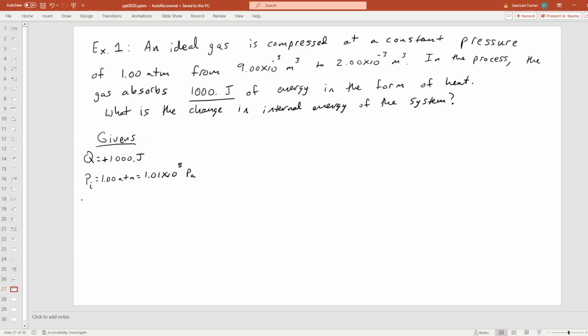And our initial volume is 9 milliliters, or not 9 milliliters, but 9 times 10 to the negative third cubic meters is really how it should be said.